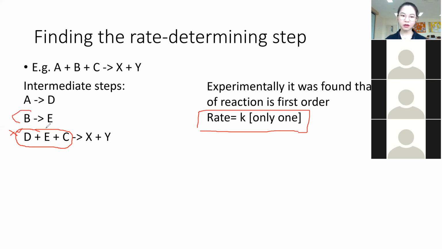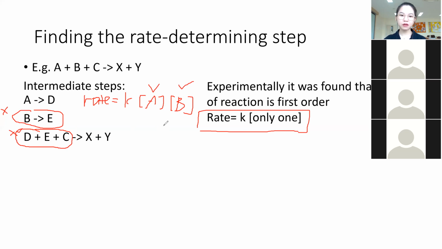It also can't be the second one, because even though there's only one species reacting here, if it's this one, then the step before it should also affect the rate. So if it was the second step, then the rate would equal k, A, and B. It would be second order, because now I have 2 species.